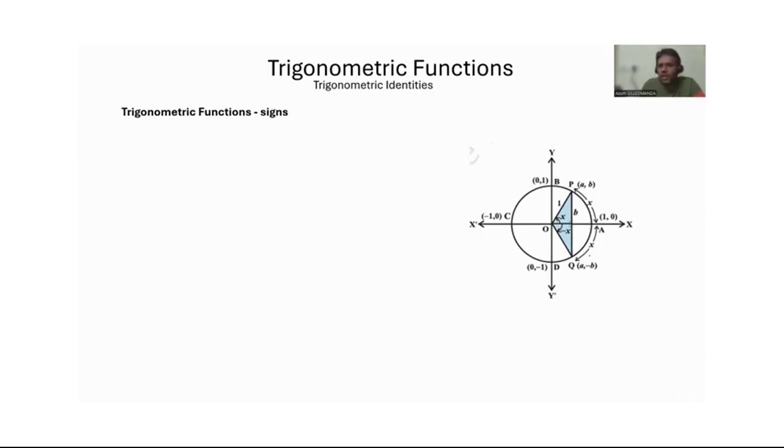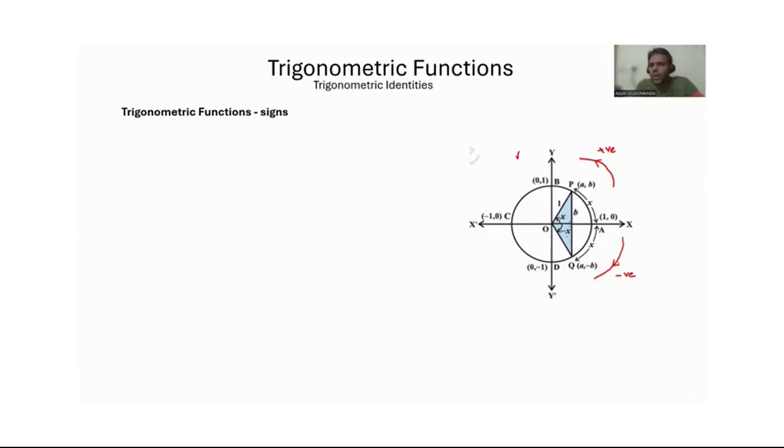So if you see in this diagram, anti-clockwise means opposite to clockwise, and this angle is denoted positive here. This is the clockwise direction, so these angles are negative. That's why here in the fourth quadrant, you see this angle x is mentioned as minus x.